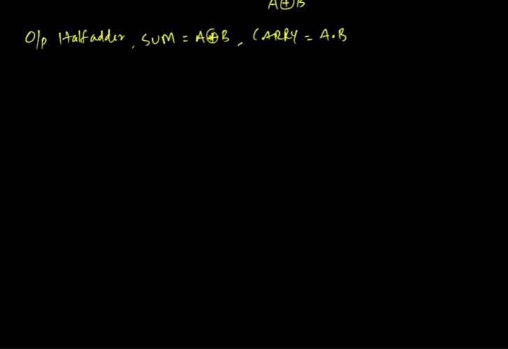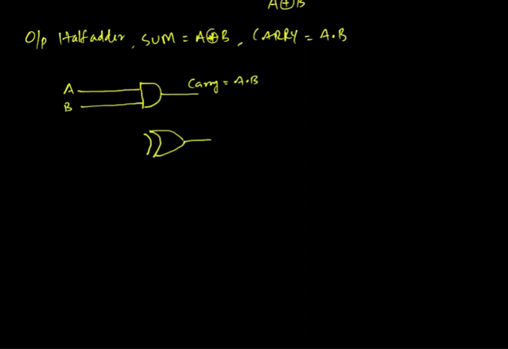So if you consider an AND gate with two inputs A and B, it will give the carry, that is A AND B, the carry part of the half adder. And if you consider the XOR gate, this is the symbol used to represent an exclusive OR gate.